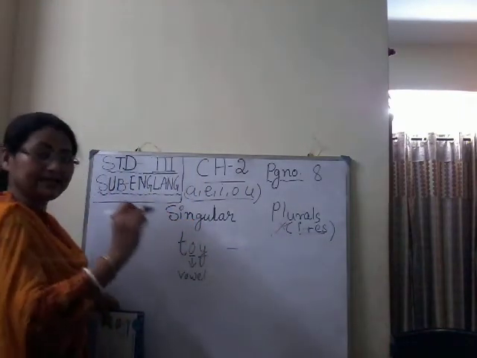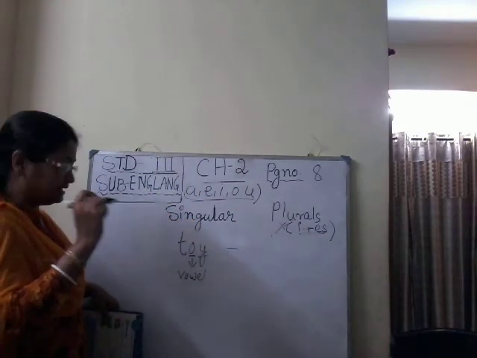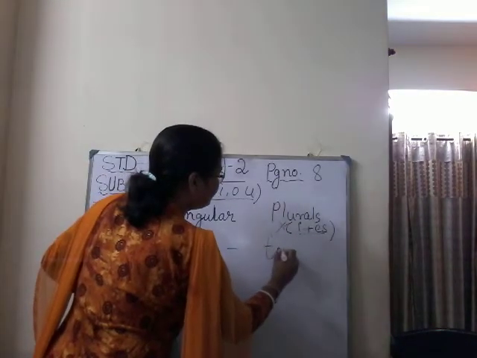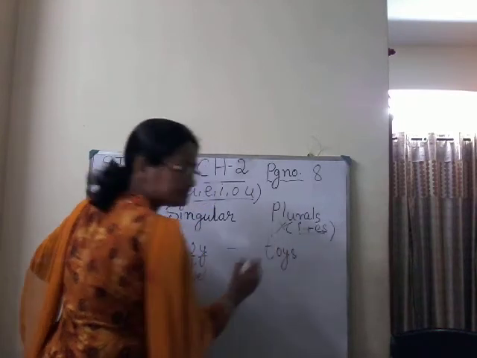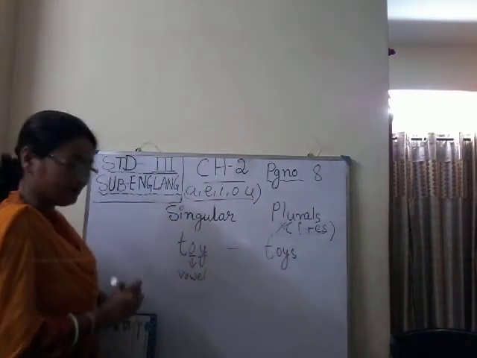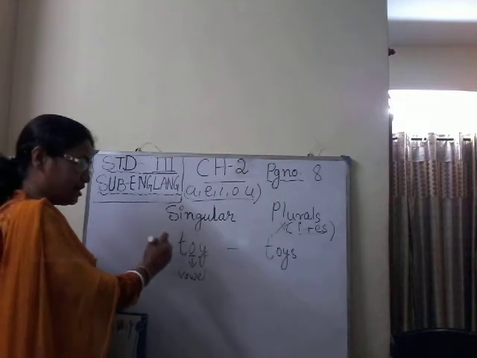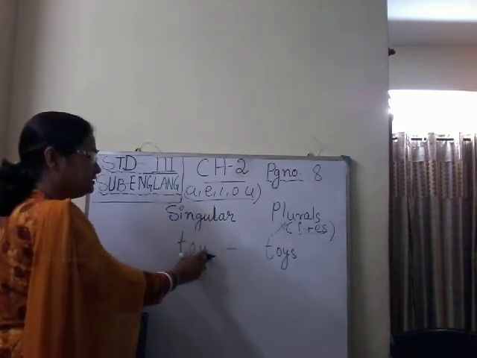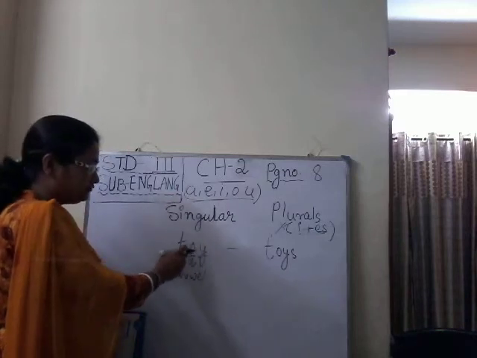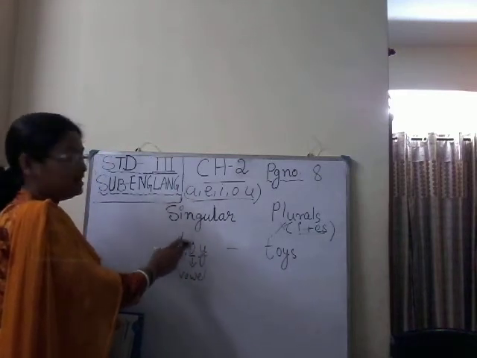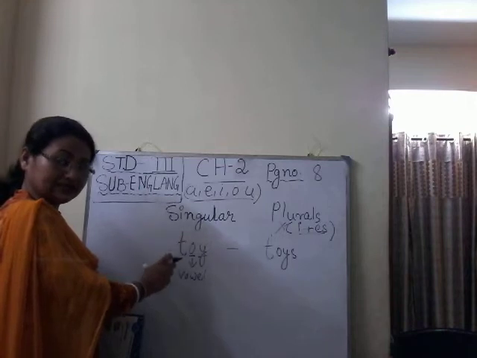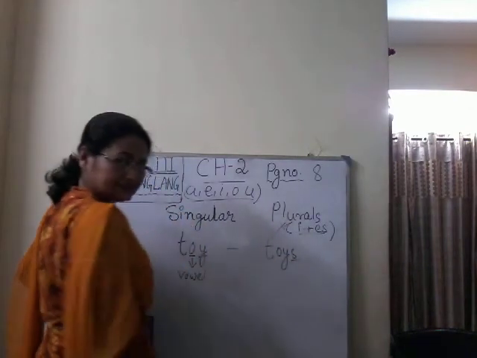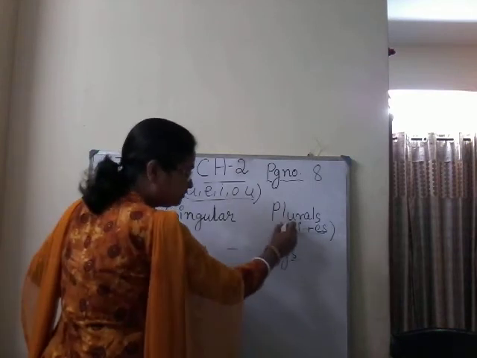Here we will simply add S. Like, what is the plural form of toy? T-O-Y-S. Toys. Why? Because the noun ends with Y but the letter used before Y is a vowel. In those cases we will simply add S. We will not follow this formula.